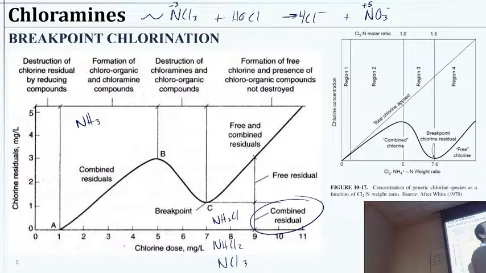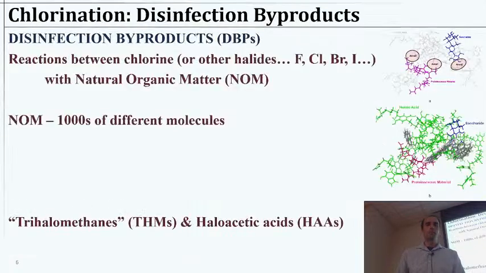But in a sense, that's a little bit nice to have some of those in our distribution system, and sometimes we do that on purpose, so that it's a little bit longer lasting. Doesn't react quite as quickly with anything and everything, and it gives us a nice stable residual to keep some chlorine in our distribution systems.